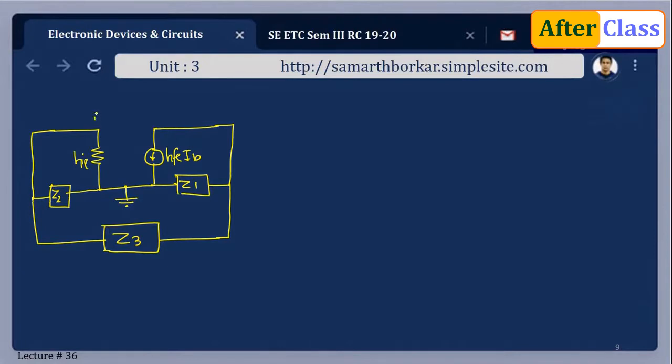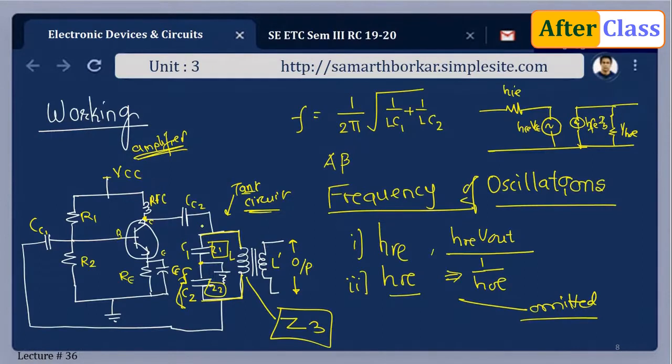Fine. So this is the base, this is the collector, this is the emitter terminal. Current passing through this, the notations are very important. So this is I1, so the same current is going to travel through this wire. So HFE into IB is IC. So we'll mark this point as 2, this point as 1 and this point as 3. Okay, so 1, 2 and 3.